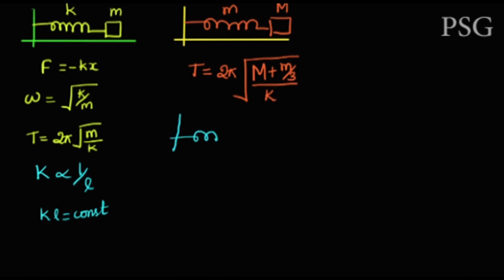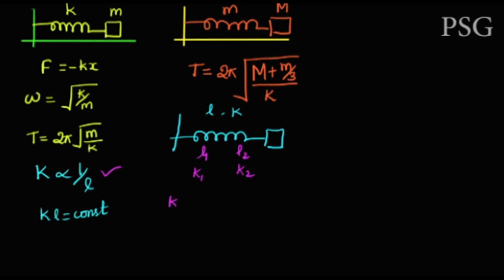Now consider a spring of total length L with the spring constant value K, and this is cut into two parts of length L1 and L2. Now the new springs will have constants K1 and K2. We know from this relationship that K is inversely proportional to L, or KL is constant.